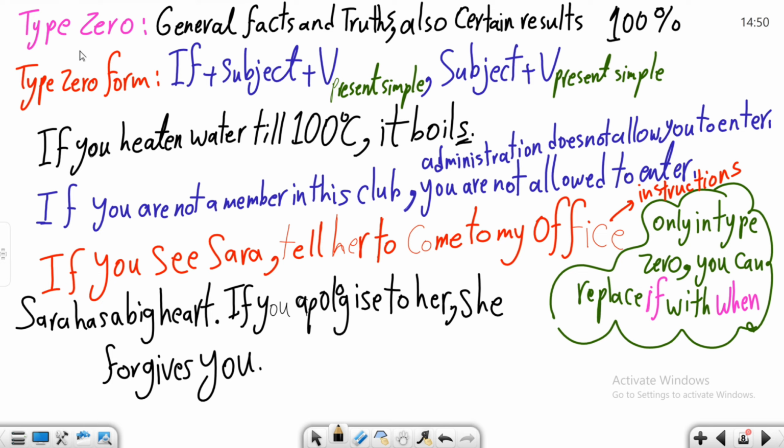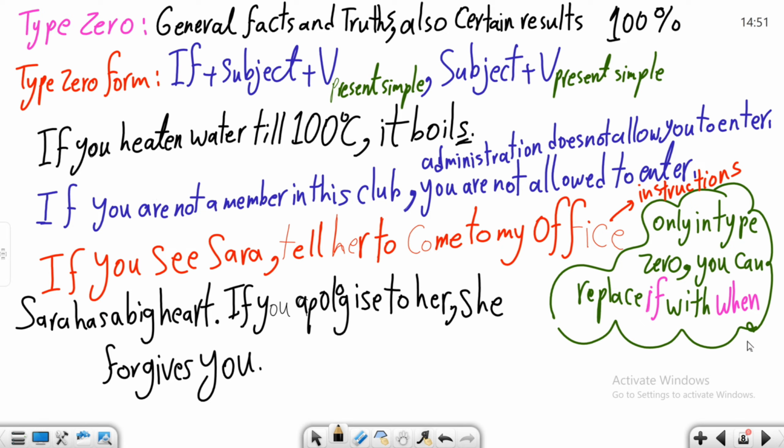Now here, my friends, I have a piece of information, a note, before I close this page. Only in type 0, we can replace if with when. Why? Because if and when here give the same meaning, as long as we are 100% sure of the results of the action, the results of the hypothesis, the results of the condition.